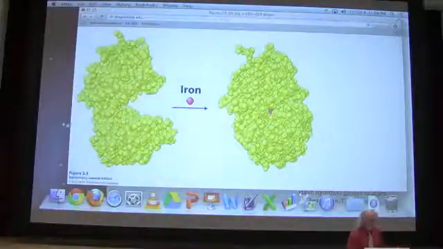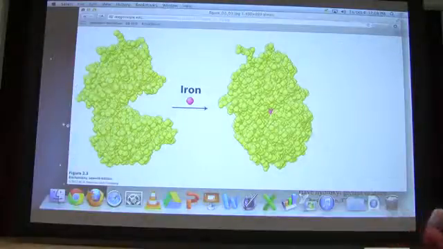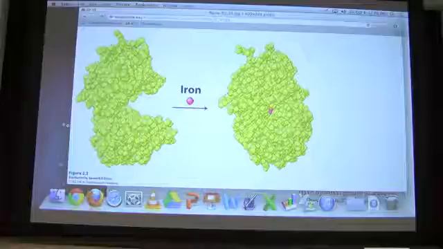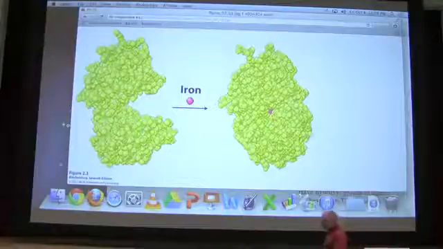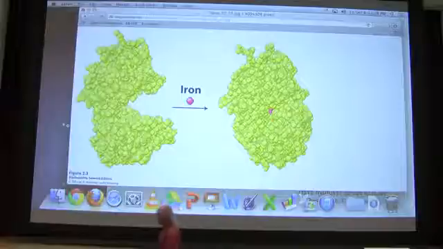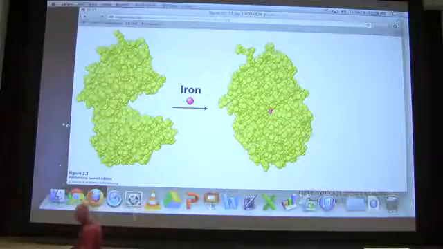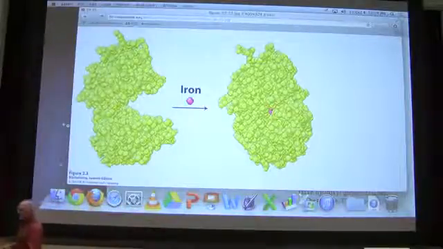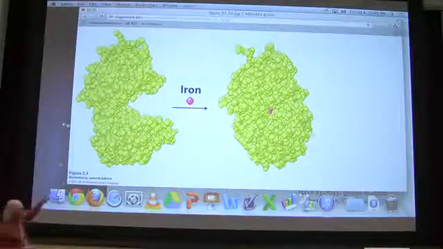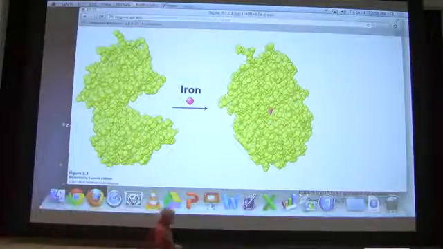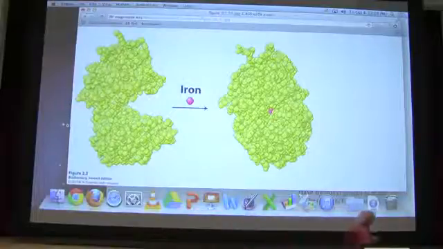Another thing we're going to talk about a lot is flexibility and function. This figure shows a protein that binds to an atom of iron. And when it binds to an atom of iron, you can see, as it shows on the screen, that the structure of that protein changes considerably. Same protein on the left and on the right.